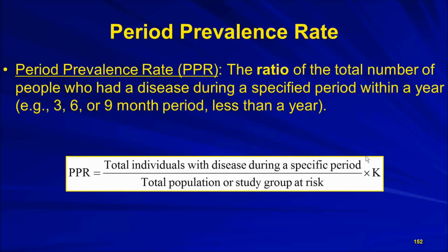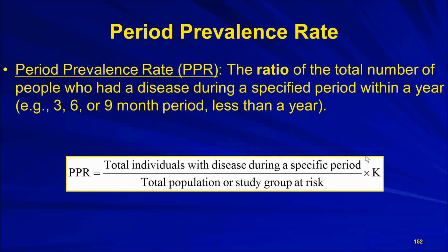Okay, period prevalence has to do with a given time frame that is less than a year. So period prevalence is 3, 6, or 9 months. Those are all examples, and usually we don't have 70 days or something of that nature. We usually have it in months, although it could appear in days.